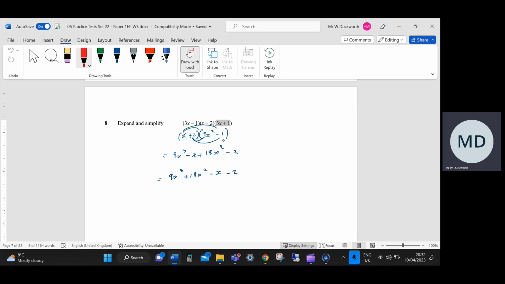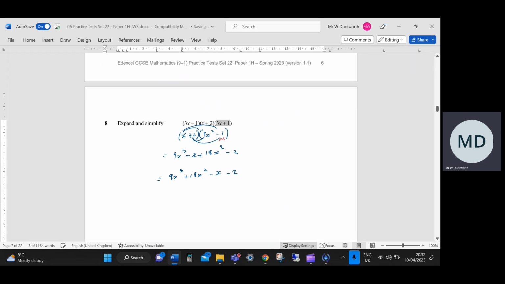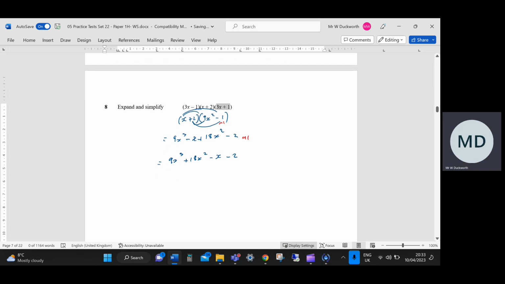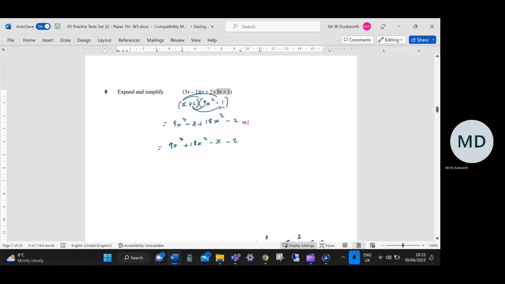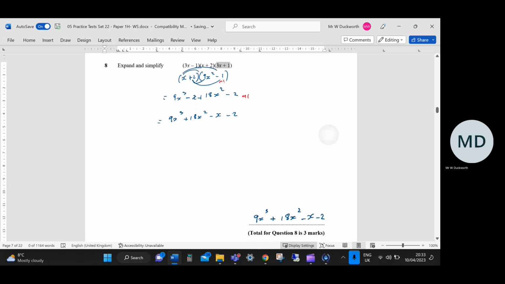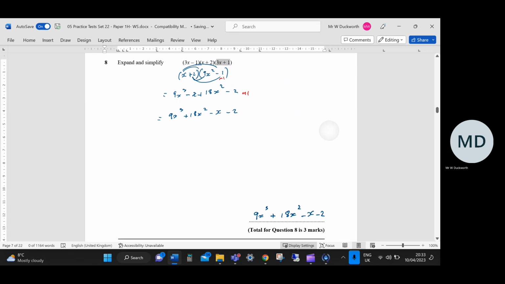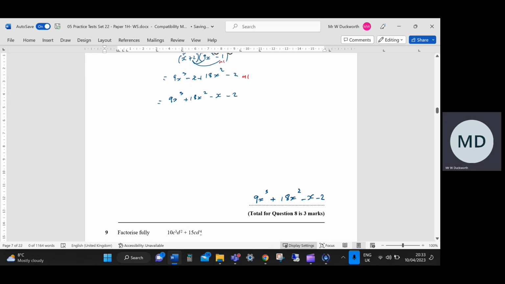So we would go for that line as an M1. M1 for expanding by the 3rd bracket, M1, and then an A1.